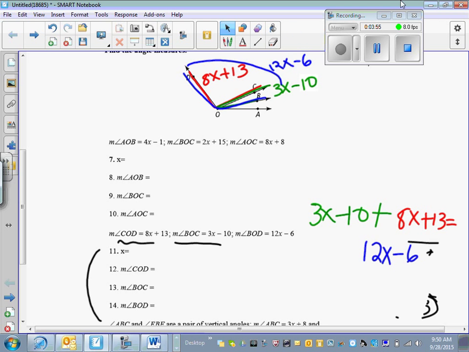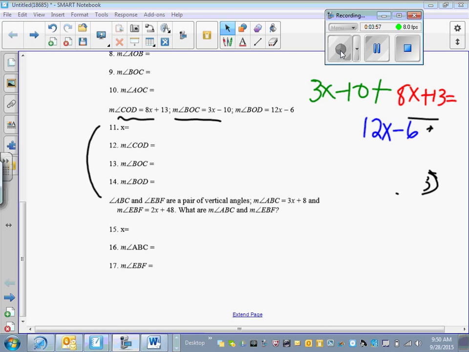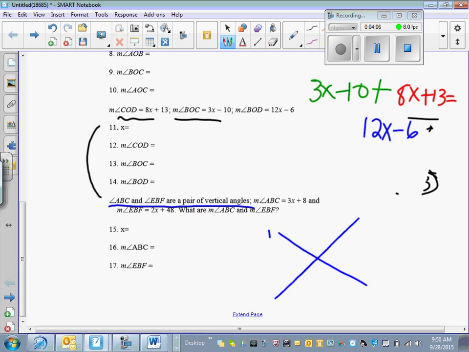Okay? All right, for number 15 to 16, we have to follow what is given. ABC and EBF are a pair of vertical angles, so I know vertical angles look like this. So I can name the first one. B is going to be the vertex, and EBF. One of them is given to be ABC's 3x plus 8.